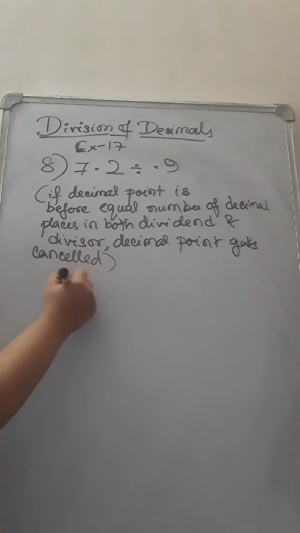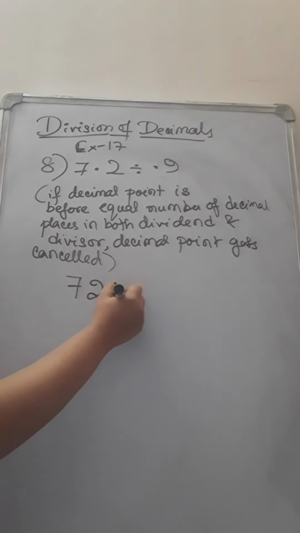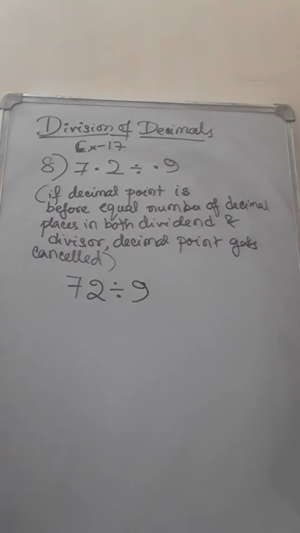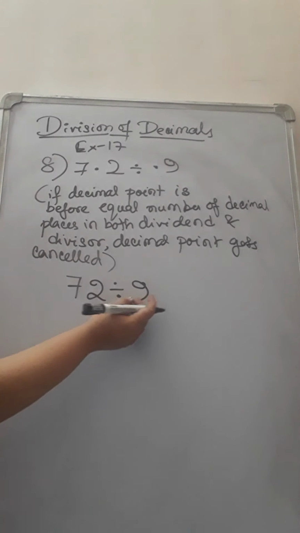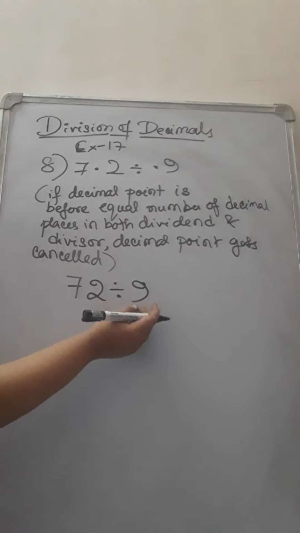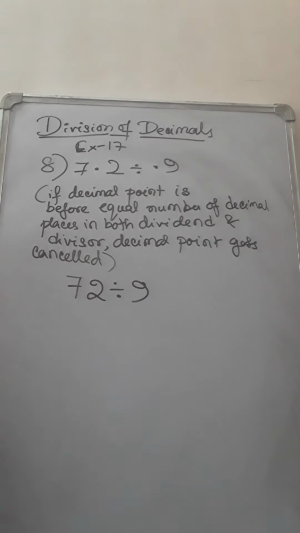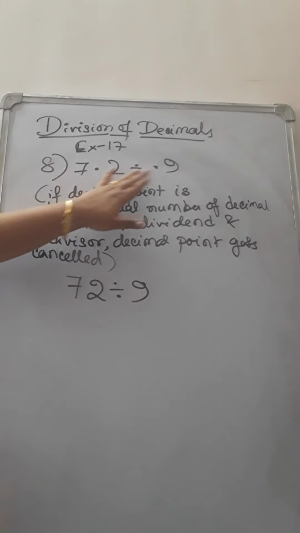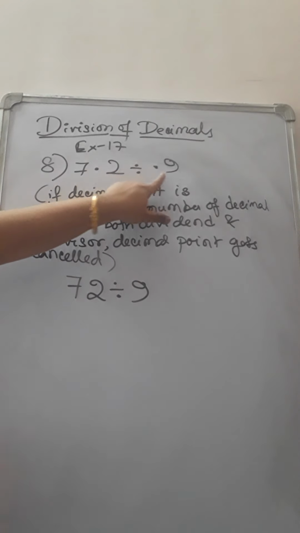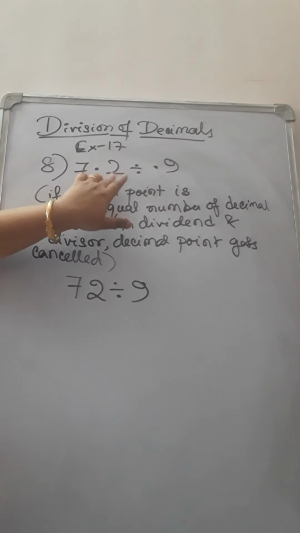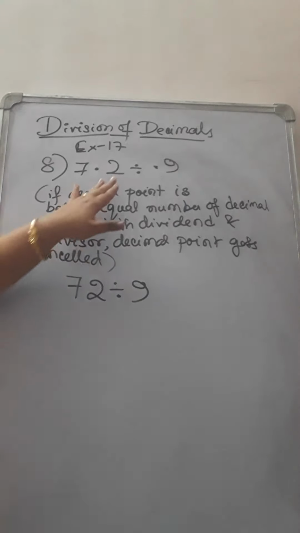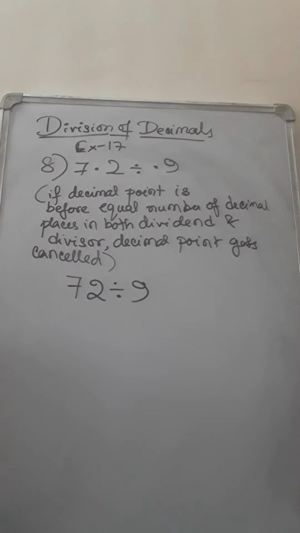So the sum will be treated as 72 divided by 9, because they had a point in both the dividend and the divisor before one number. That means after the point they both have only one decimal place, only one figure: here 2 and there 9.